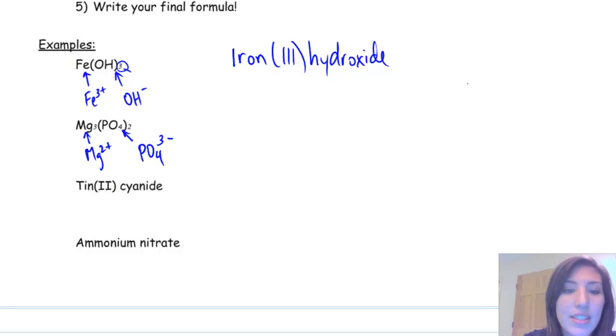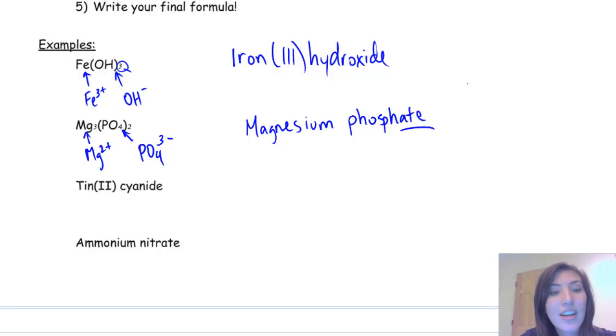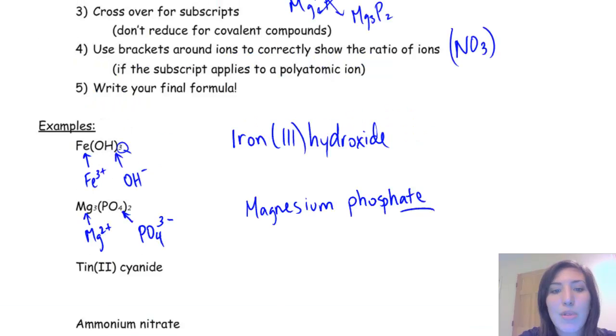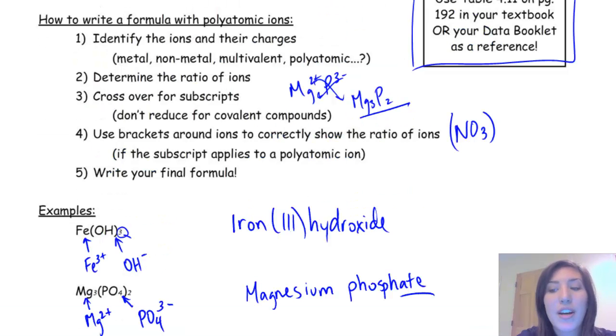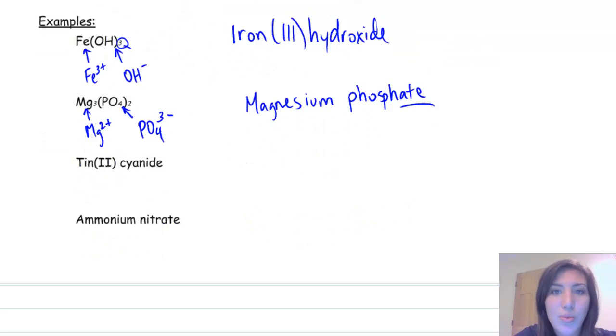So this is magnesium phosphate. Now notice, in our last example up here, this was magnesium phosphide. So it's very important to make sure that you write the names correctly because it's a very different compound.